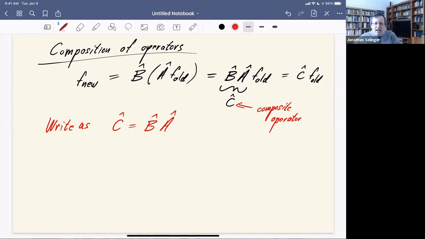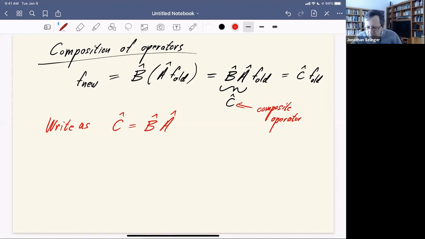So you package the two subroutines together so that whatever input comes along goes through one, then through the other, and then goes back out. And so C is the combined operator that does the job of both of them.